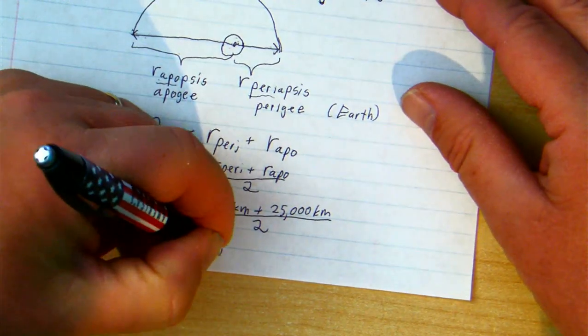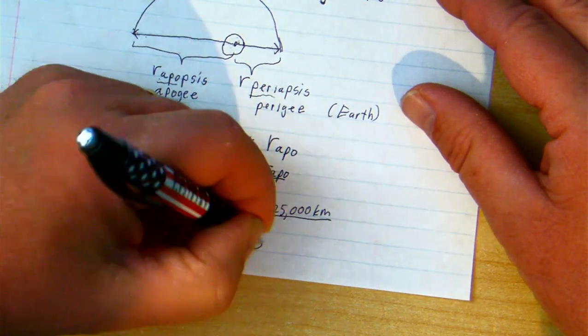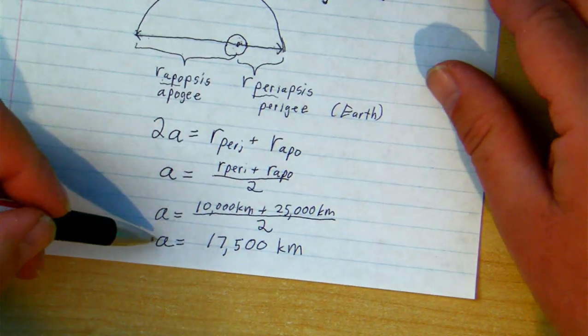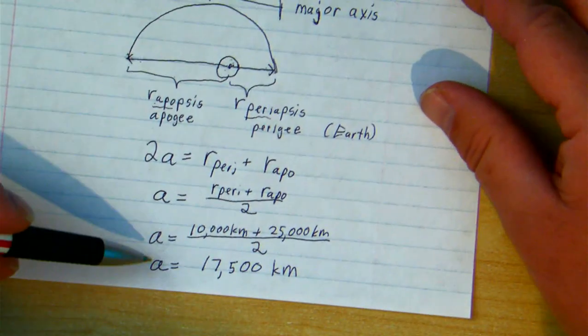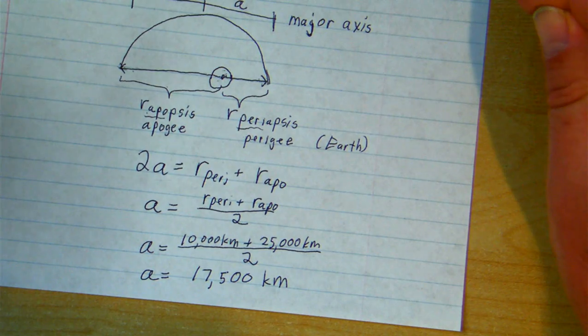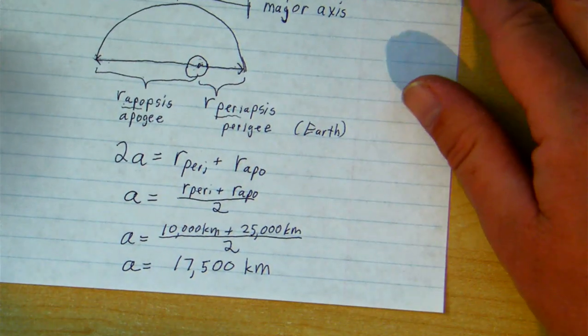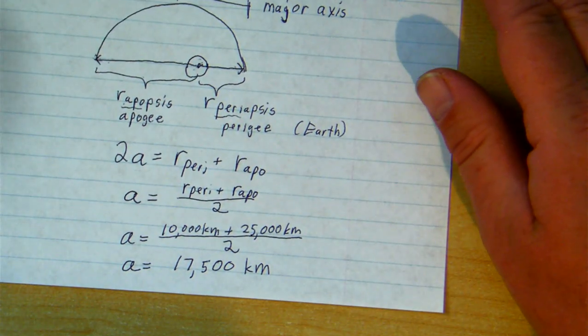So 17,500 kilometers is the value of the semi-major axis in this example that we're creating. So really, this is page 2, and this is what we have so far.